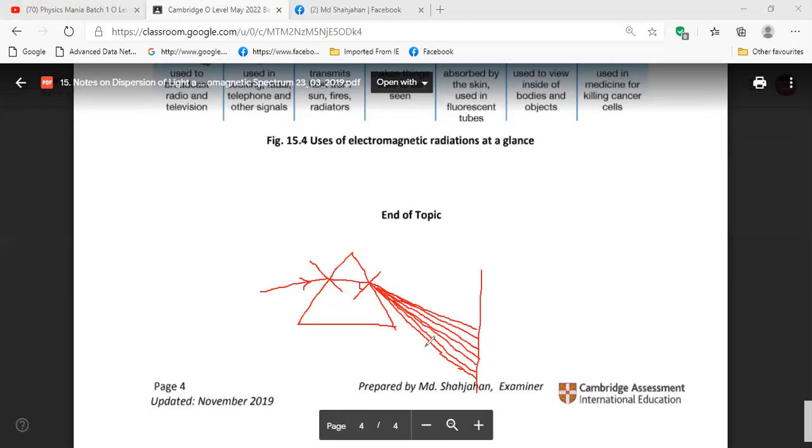Okay. For all the rays, you give direction. This way. You give direction. This is red.